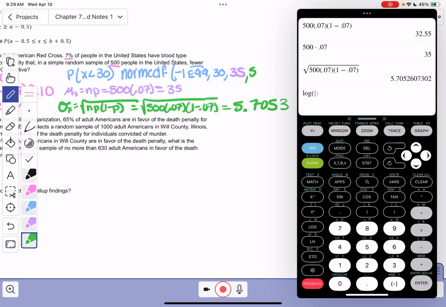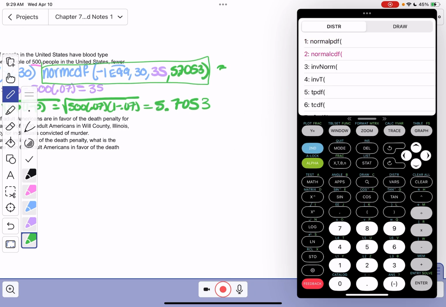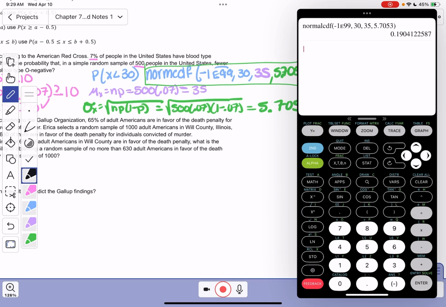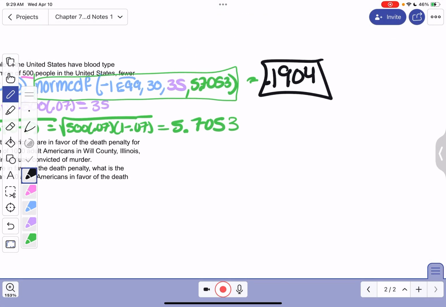So this is what I'm going to type in the calculator: second vars, norm CDF, negative 1E99, comma 30, comma 35, comma 5.7053, and I get 0.1904. So the probability that they get less than 30 people with O neg blood is 19.04%.